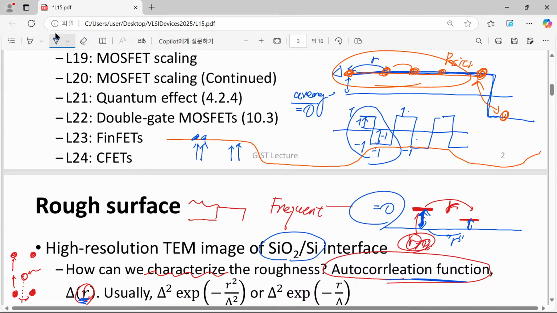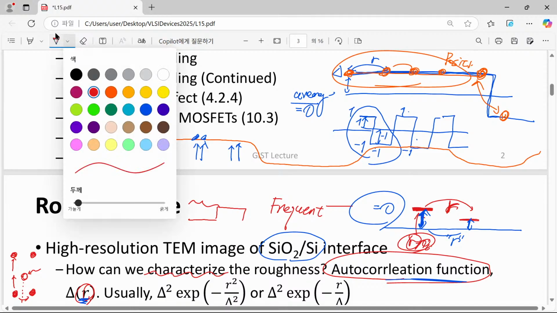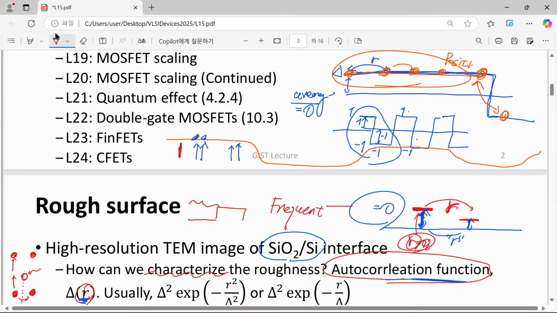However, if we use a very large value for our distance, this one and that one and another long distance, then what will happen? There will be no guarantee that we still have positive values for our autocorrelation function.